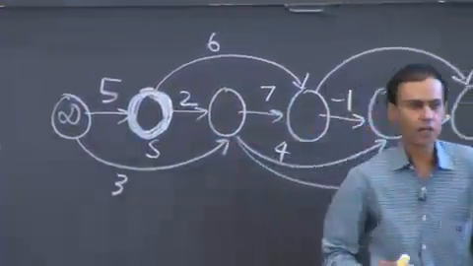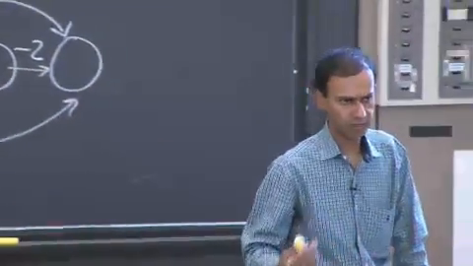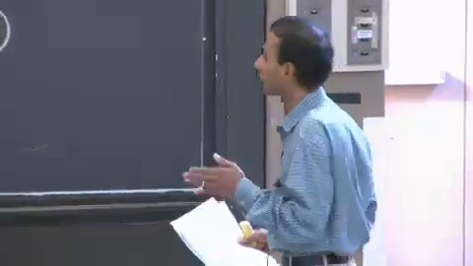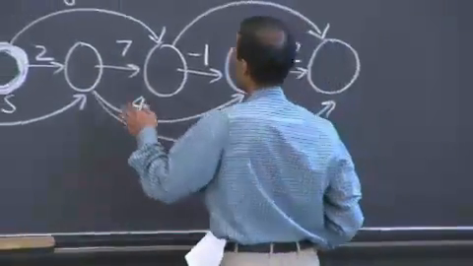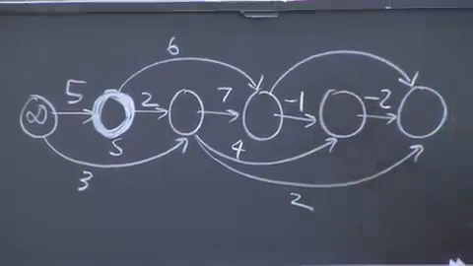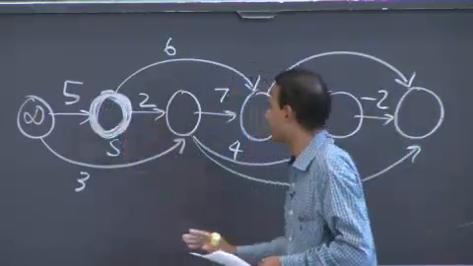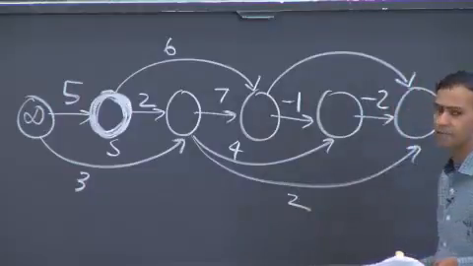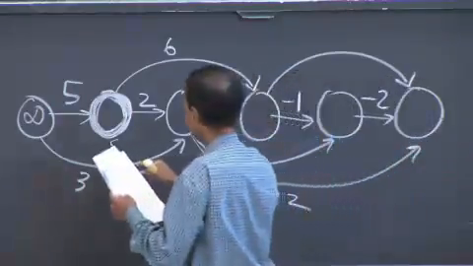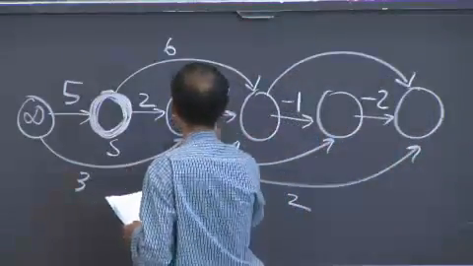Okay? And now I've got to do some work on relaxation, and I'm not going to get the shortest path instantly for a particular vertex once I get to it, because there may be better ways of getting there. And especially if I have negative edges, then it's certainly possible that a longer length path is going to be the shortest path. But what I'll do is take S, and I'm going to relax edges that emanate from S. And so in step 1, all of these are going to be infinity to start with.